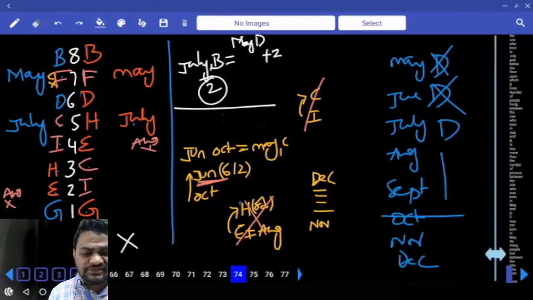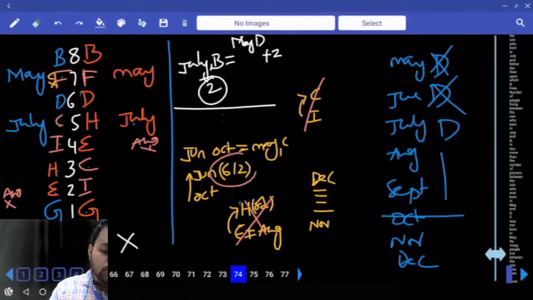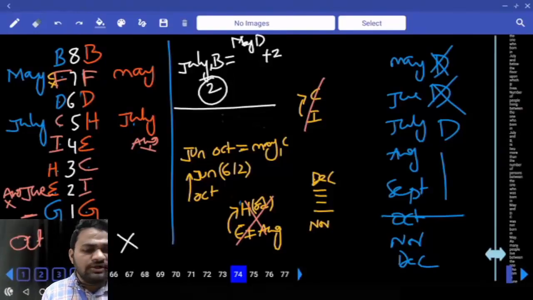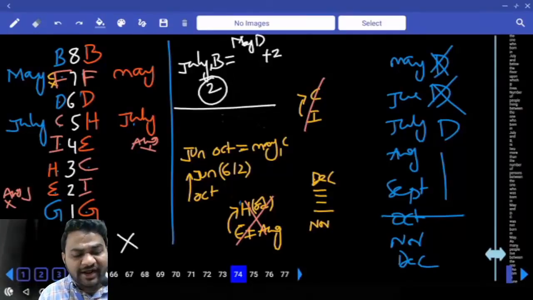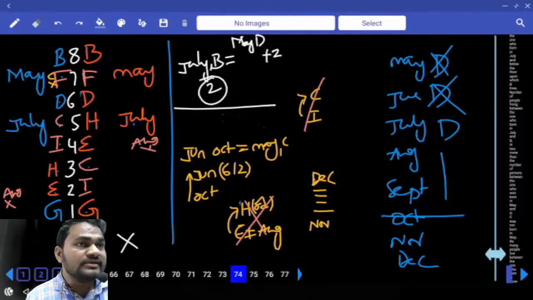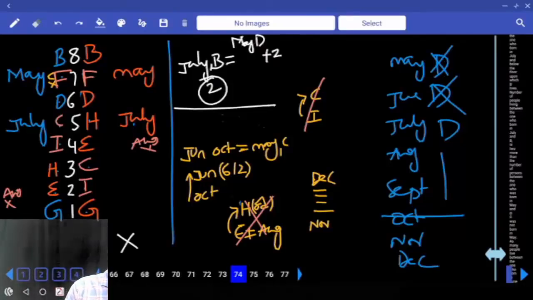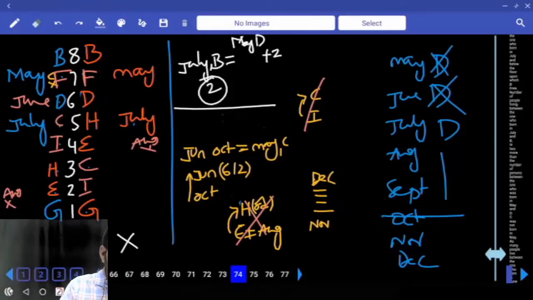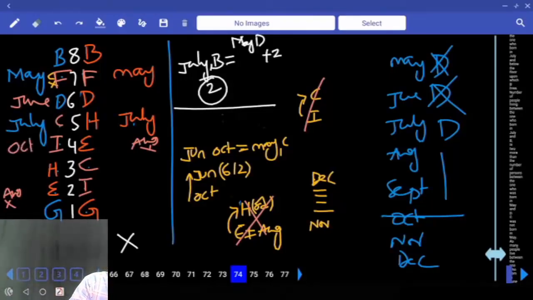Now if I fix June, June should be either on the 6th floor or the 2nd floor. If I fix June on the 2nd floor, with 1 gap, can you have October here? No, which means June should not be on the 2nd floor. June must definitely be on the 6th floor. With 1 gap between June and October, that is the place for October.